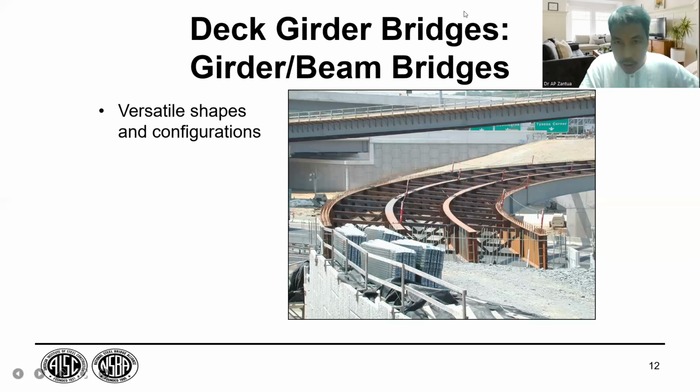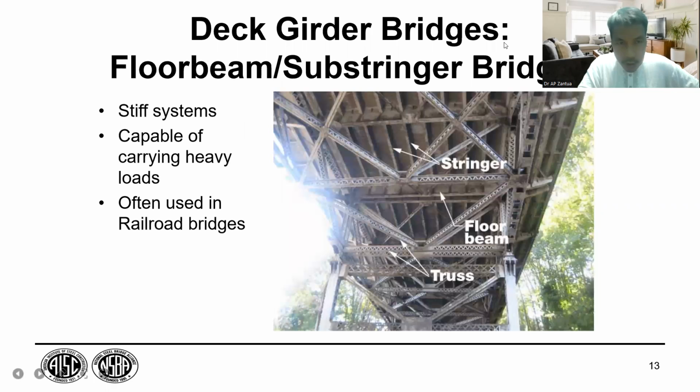So what is this? Deck girder type of bridges, and girder or beam bridges. That is what we call girder bridge or beam bridges. What is this? Deck girder bridges again, but this time we have floor beam bridge.